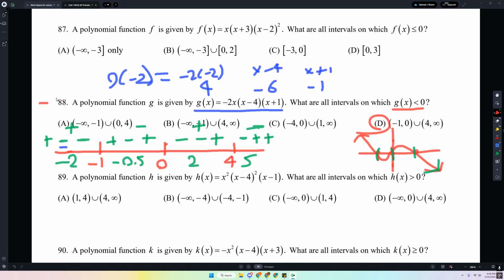I think we're not doing too many sign charts tomorrow, just 2 of them. But yeah, we do sign charts again. Because you could graph these, right? But then what are you going to do when you have an exponential log? It's going to be harder to graph those and find your points. That's why you usually do sign charts.